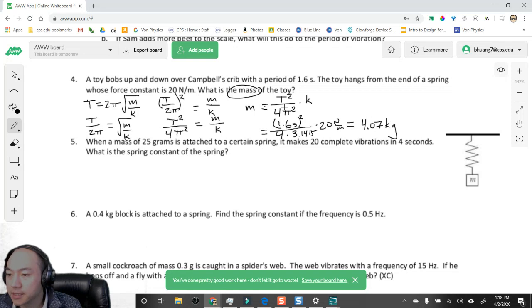So the first thing I actually want to do here is, it says it makes 20 vibrations in 4 seconds. And so what I know is that the period, T, is equal to the time for one cycle, the seconds for one vibration.